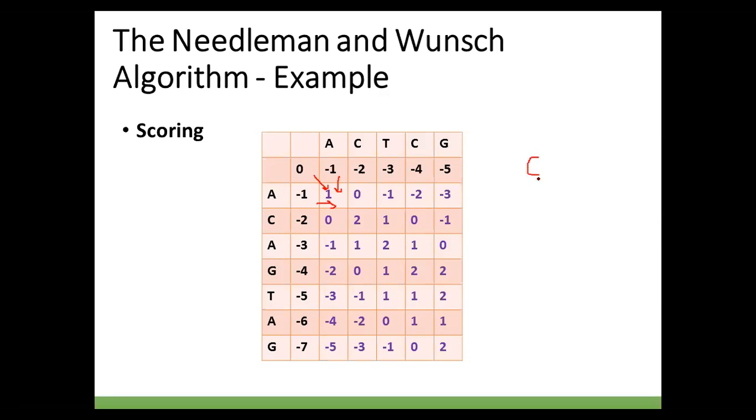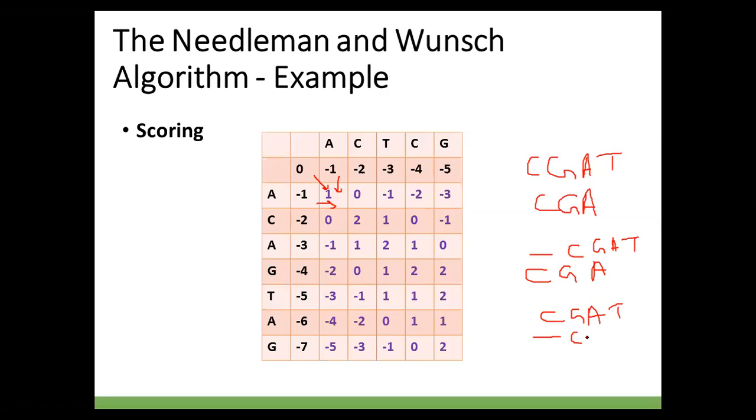So in the previous, we had 2 sequences like this now. Okay, now so there are 3 possibilities. We can align like this, or we can have a gap and C, C, G, A, T, and C, G, A. And there can be a gap here, and C, G, A, T, and C, G, A. Okay, so these are the 3 possibilities.